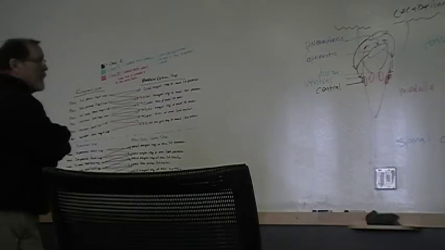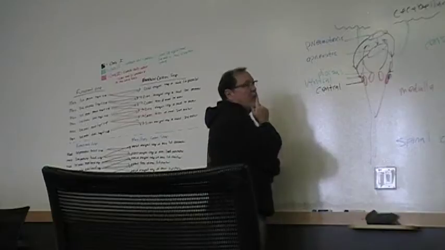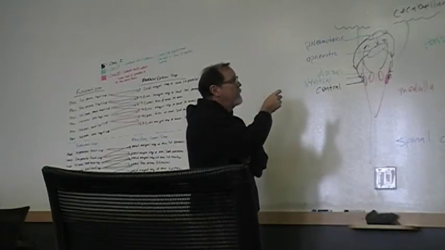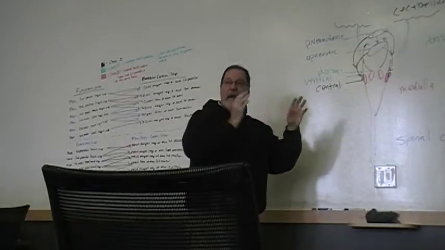Okay. So the text talks about altitude changes and how that stimulates breathing by increasing or decreasing activity of the sensitive cells. The central chemoreceptors we associate with the brain and the medulla.